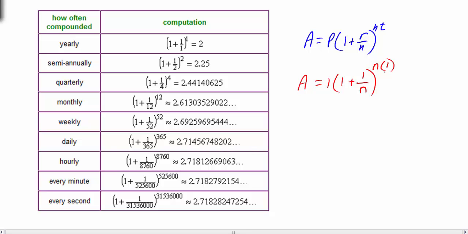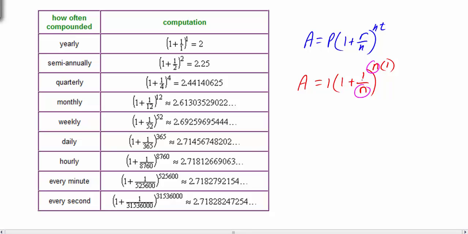So basically, if we ignore the time, the principal, and the rate, and we just look at n, which is the number of times that this money is compounded, all we're changing here is the value of n.